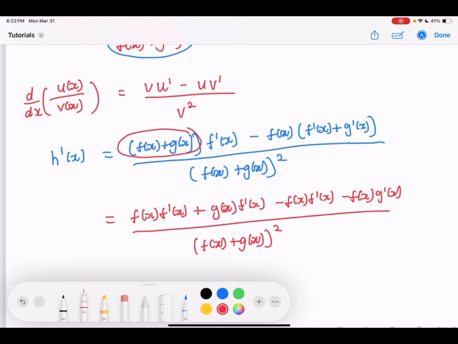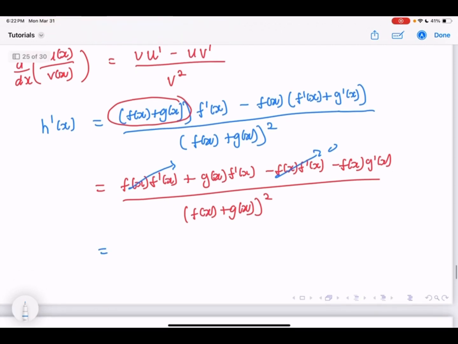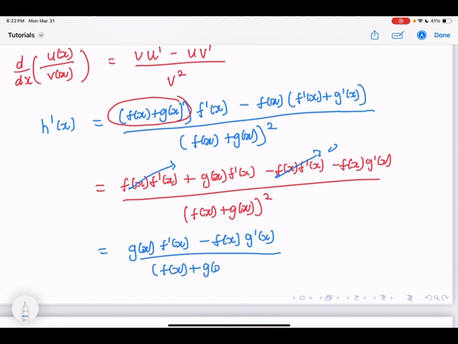So as we can see, these two will cancel out, so we are going to be left with g of x, f prime of x, minus f of x, g prime of x, all divided by f of x plus g of x all squared.